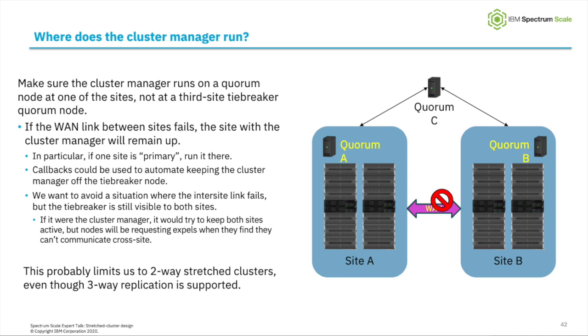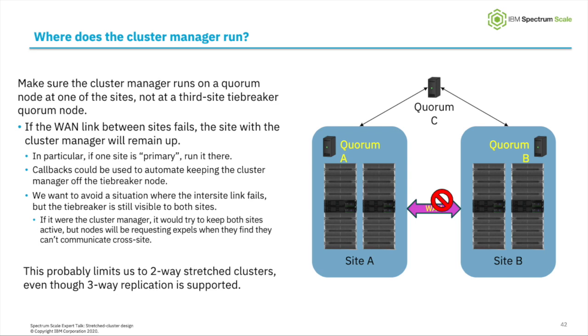So assuming that we can do that, then comes the question, where does the cluster manager reside? If the cluster manager is residing on a quorum node within one of the sites, that's the site that will remain operational if the WAN link goes down. But if the cluster manager is running on the tiebreaker quorum node, then chaos is going to occur if the WAN link goes down.